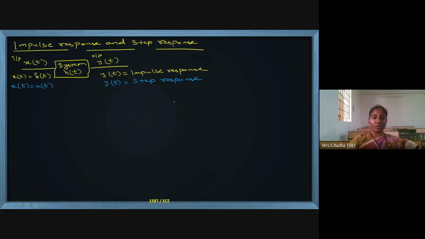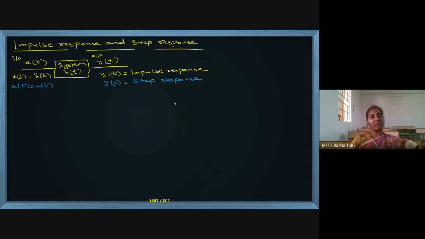Okay. Now, how to find impulse response, step response? If you have y of s, by some means if you are finding y of s, based on that you have to find the inverse of y of s, which will become the impulse response. If you have y of s in frequency domain, then you have to apply inverse Laplace, then get y of t.